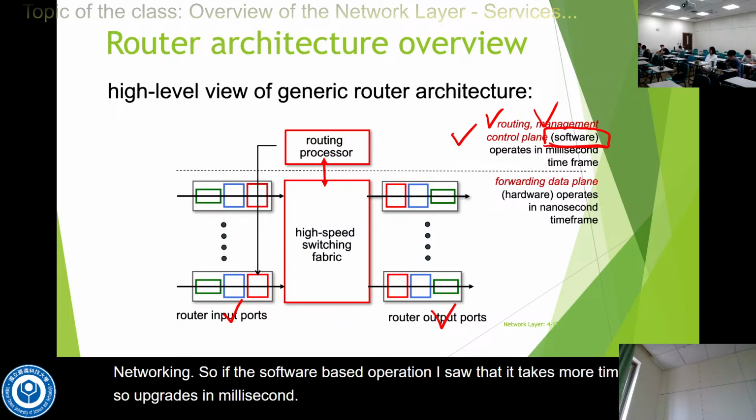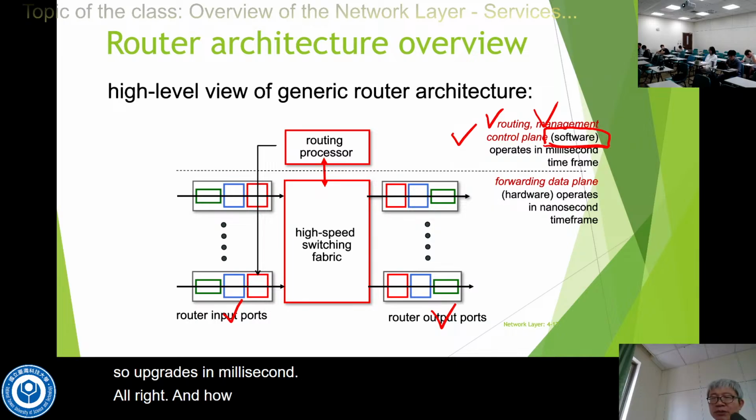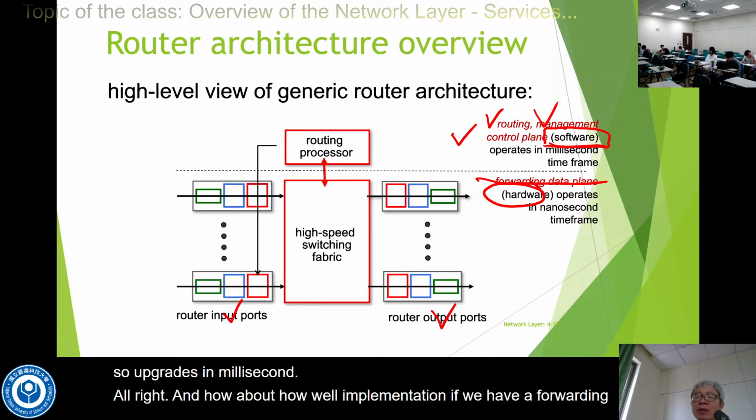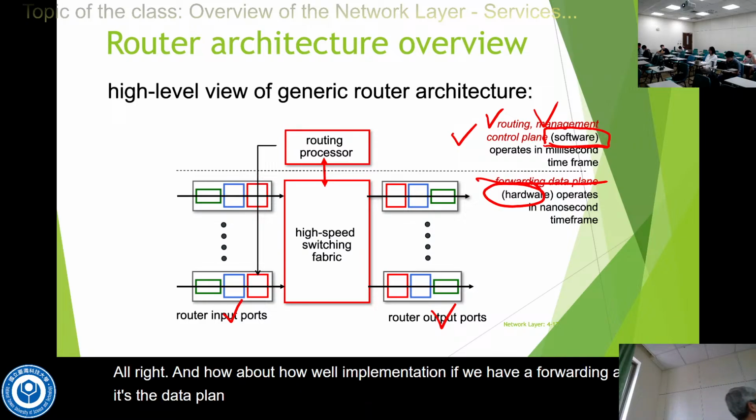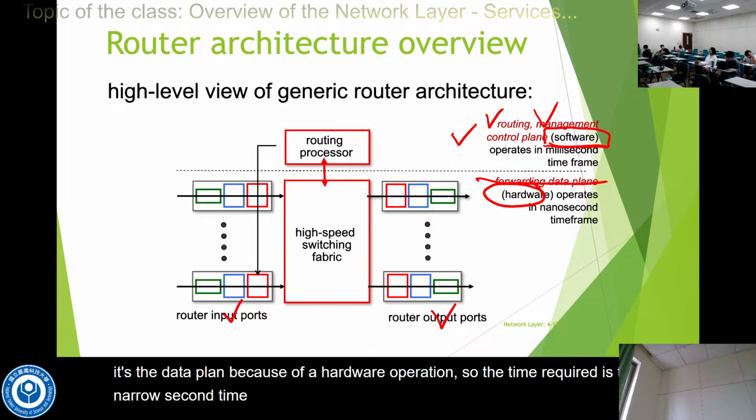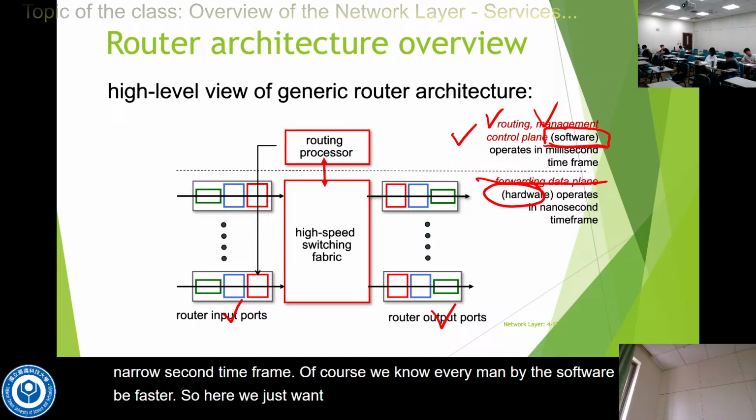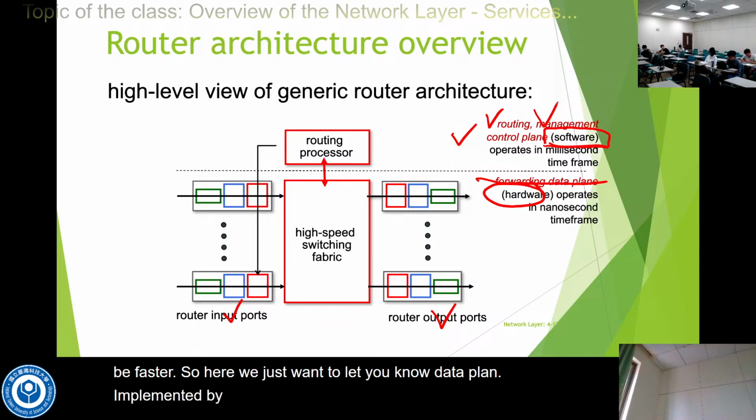And how about hardware implementation? Forwarding is the data plane, and because of hardware operation, the time required is in the nanosecond time frame. Of course, we know implementing by software will be slower. So here we just want to let you know the data plane is implemented by hardware operation, so we have the faster operation.